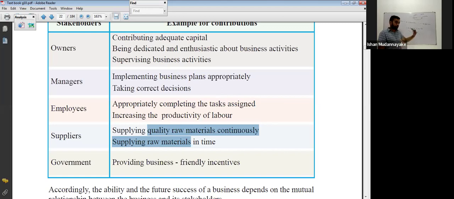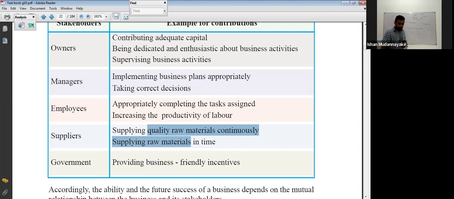If suppliers provide quality raw materials, the business organization can also increase the quality of their goods and services. Then they can continue the operational activities without any delay.